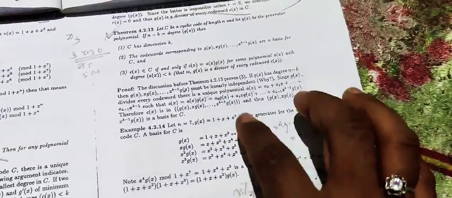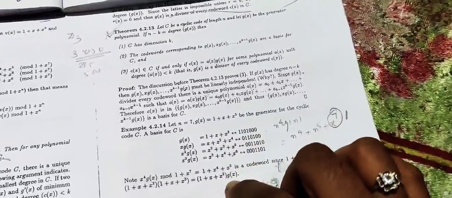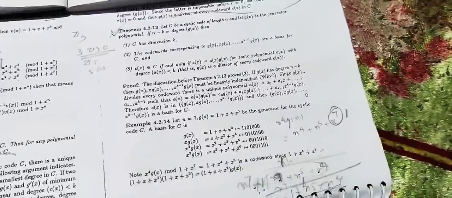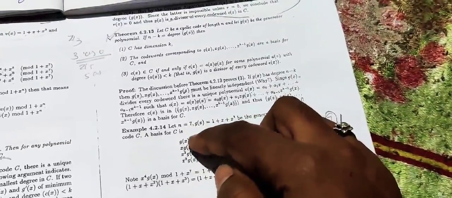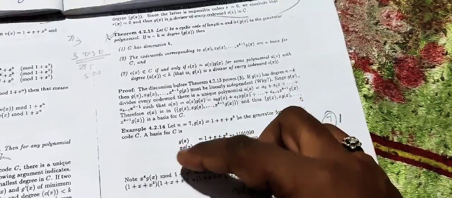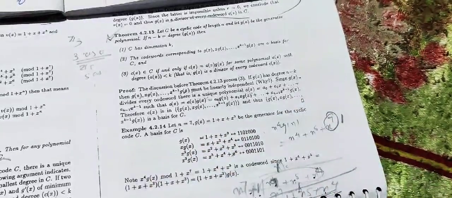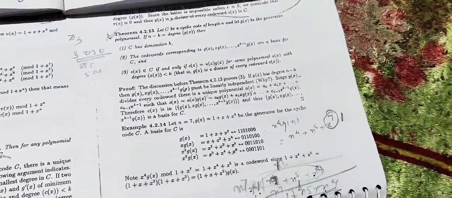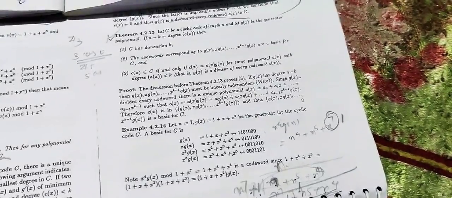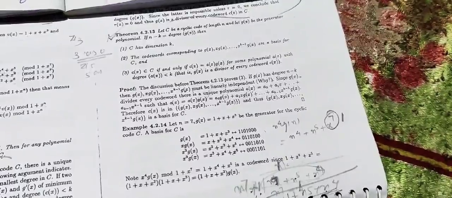Clear? So each one is divisible by g of x. So what will the basis be? g of x, x into g of x, x square g of x, x cube g of x and x raised to 4 g of x are the basis elements for C.